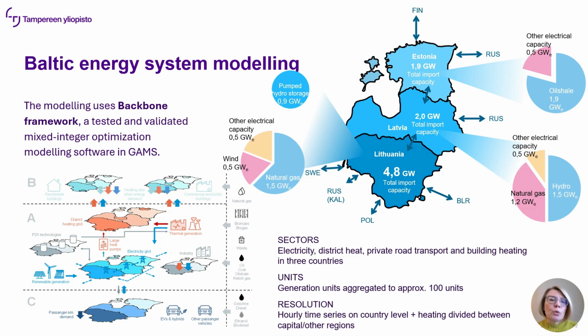A building module B represents energy use in buildings, including space heating, hot water, and other needs, divided into the same geographical areas as the district heating system. A transport module C focuses on passenger vehicle usage at the national level.